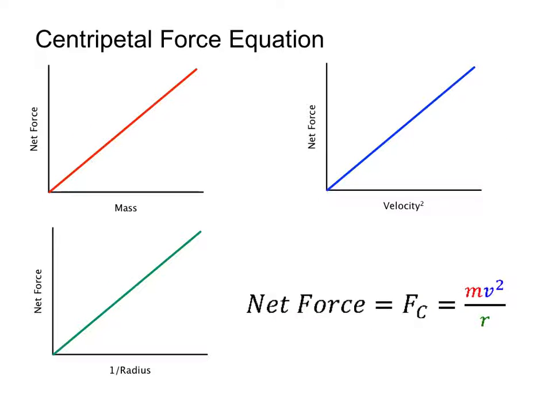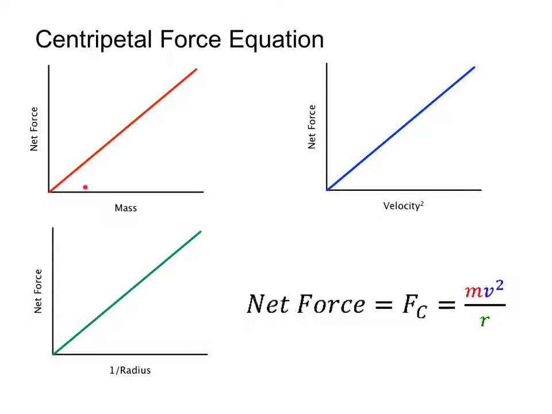Now, putting all these 3 things together, we were able to determine that the net force was linear with the mass, linear with the velocity squared, and linear with 1 over the radius. Mashing all 3 of those things together, we found that the net force, or from now on, we'll call it the centripetal force, is equal to the mass times the velocity squared over the radius.